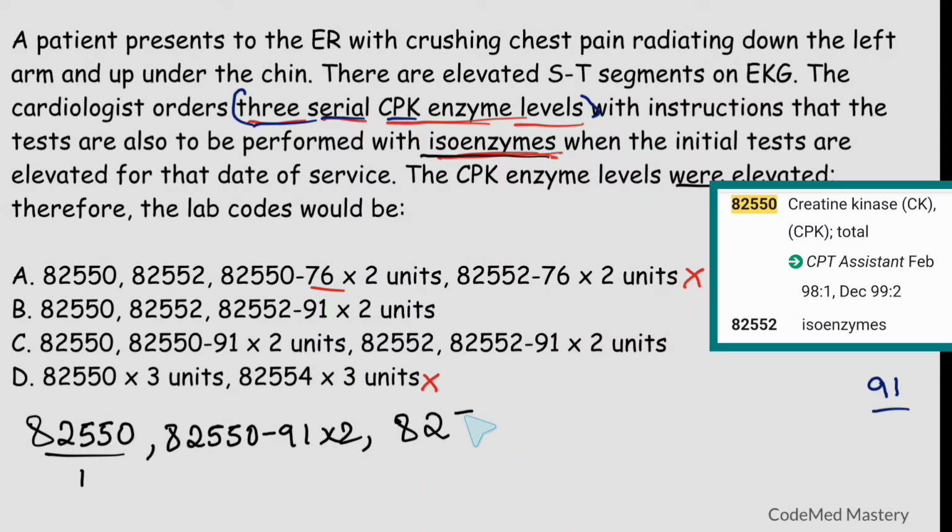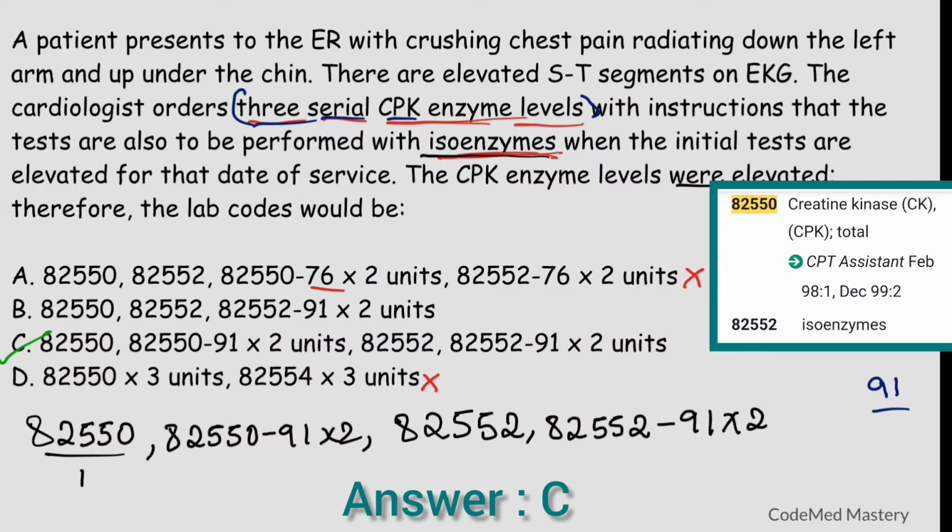So how will you report it? 82552 for the initial test and the remaining 2 units 82552 with modifier 91. So option C is the right answer. Option B will be wrong because they have mentioned 82550 only once, but you have to append modifier 91 for the remaining 2 units. So eliminate option B.